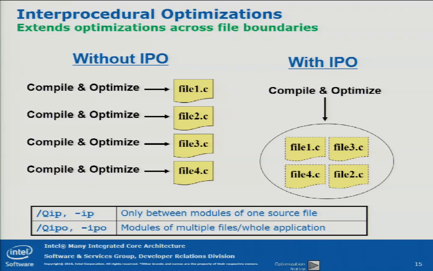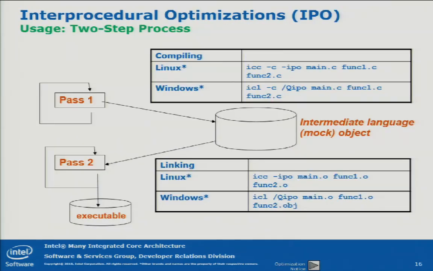IP is intra-file interprocedural optimization, so we analyze all the functions inside one single source file, and with IPO, we basically take all the source files, at link time. So this is what happens. In the first pass, the compiler reads the source code, processes it in a certain way, creates some intermediate representation of what the source code is about, writes that to disk, and then at link stage we have a second pass where we read all those mock object files and produce the final executable.